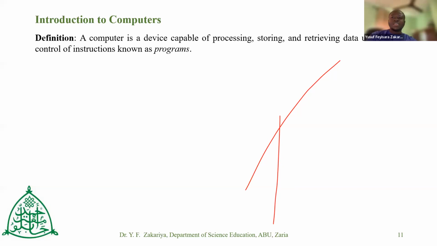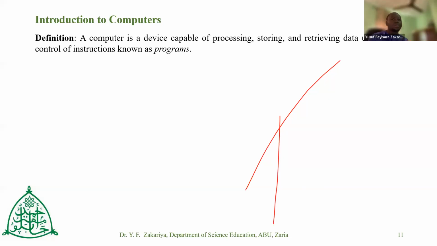A computer is a device capable of processing, storing, and retrieving data under the control of instruction known as programming. Okay, something came up in this definition. The very first thing that came up are the keywords: processing, storing, and retrieving data.